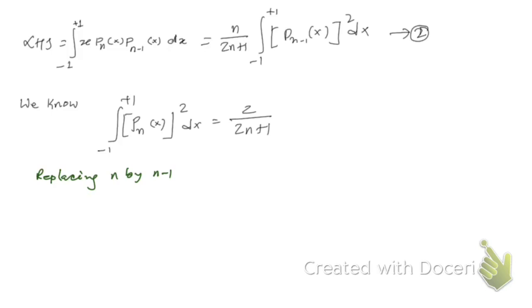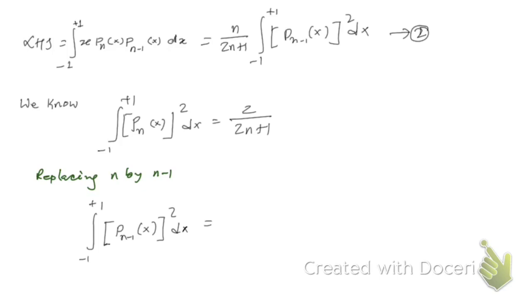Then what we're gonna have? Then we're gonna have integration from -1 to +1. Replace this n by n-1, P_{n-1}(x) whole square dx.